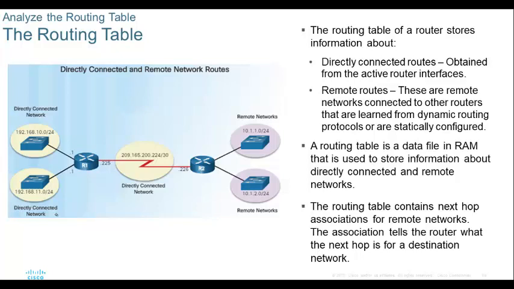This routing table stores the information for the directly connected network, and the routes learned from the remote through some routing protocol into RAM. So where is the routing table maintained? In the RAM, random access memory.